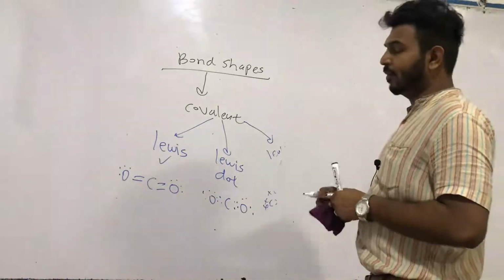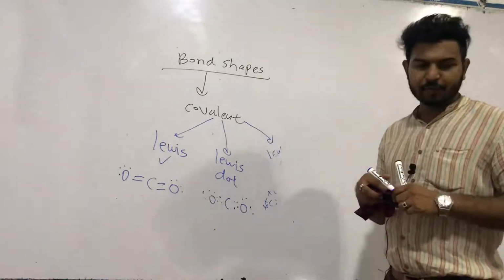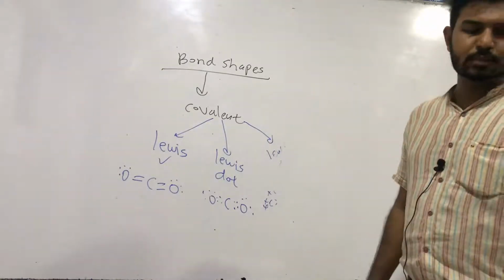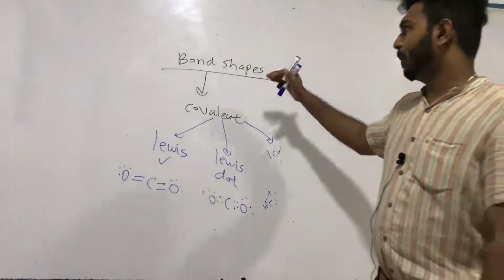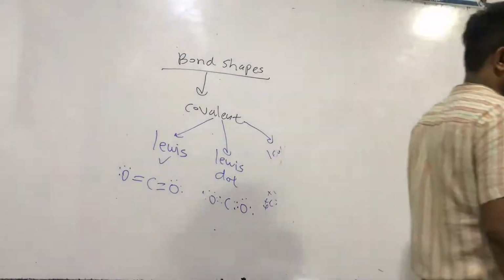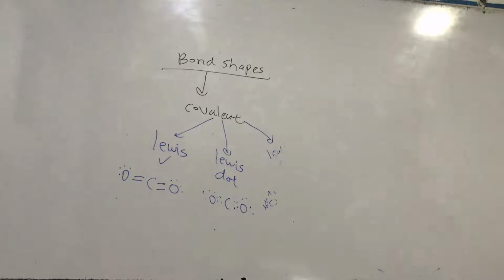Let's write this down, and after writing it, we'll discuss drawing Lewis structures. Put the topic: bond shapes.